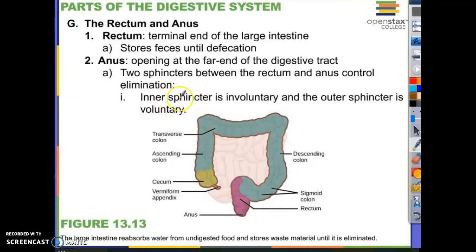Again, there's an inner and outer sphincter. The inner sphincter is involuntary. The outer sphincter you control. Actually, hopefully you can. When you need to go to the bathroom, you have time to find a bathroom before that becomes an involuntary function, right?